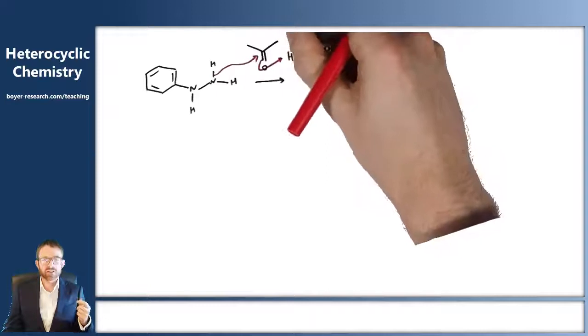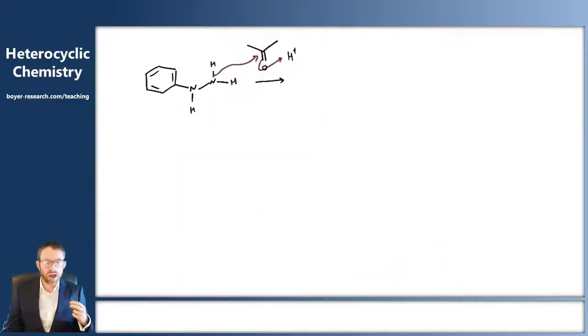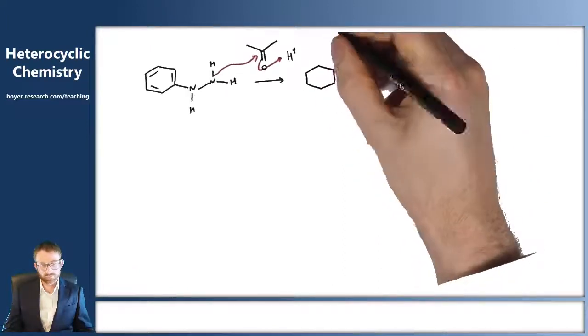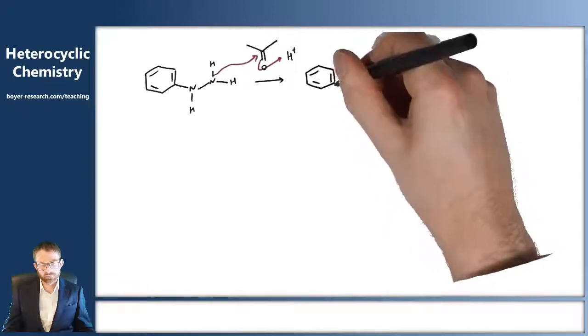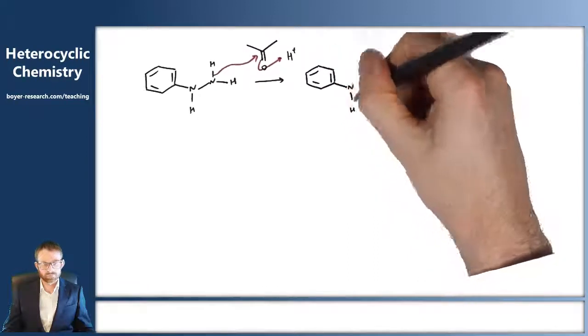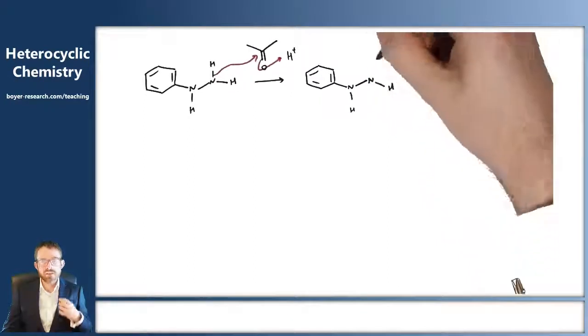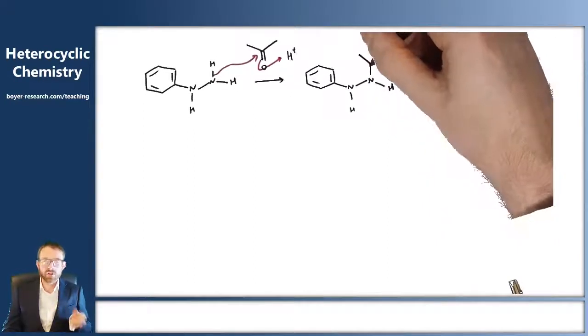That nucleophilic nitrogen attacks the pi bond of our carbonyl to make a new nitrogen-carbon bond. And then the lone pair assists with the loss of water.